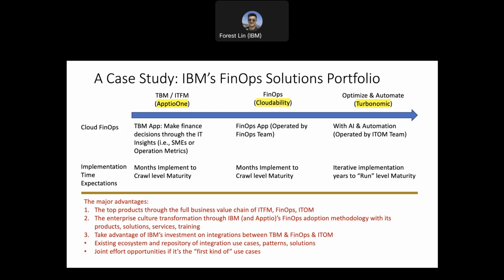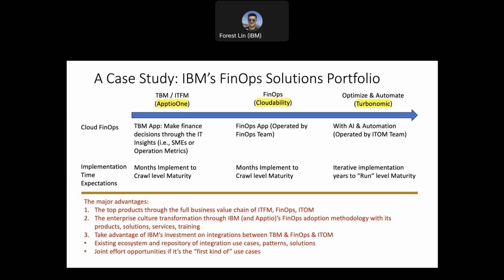This is compared to if the enterprise, for example, selects products from different companies. The integration is a big deal, and the investment is expected. Either you purchase the professional service from the system integrator, or you need to invest subject matter experts or developers to do the development and integration.